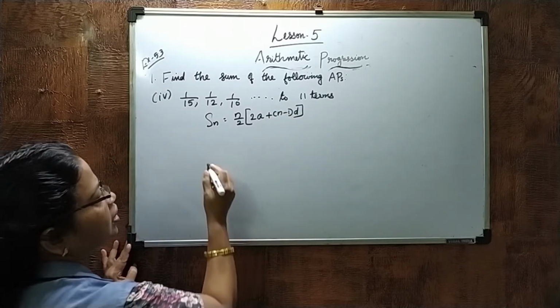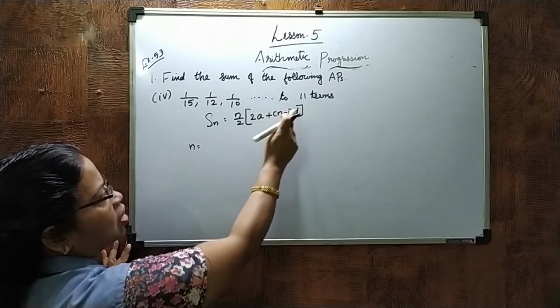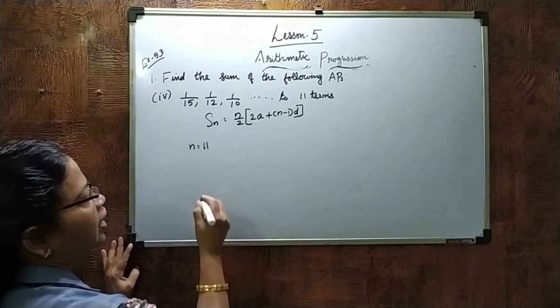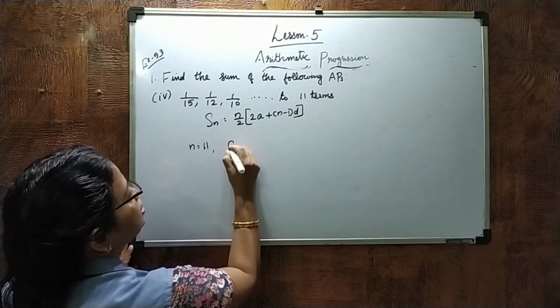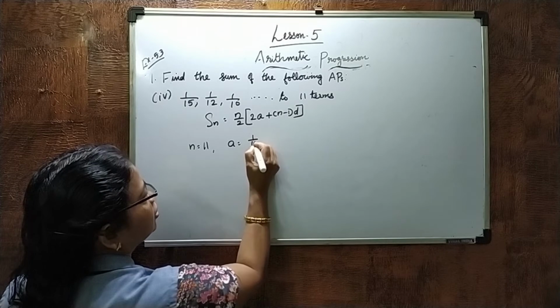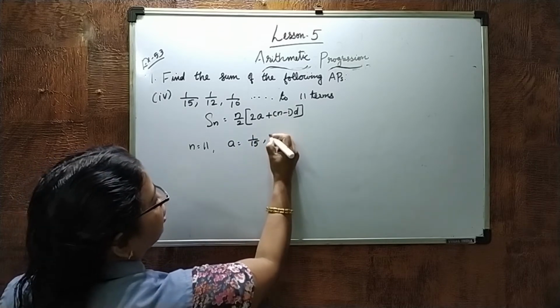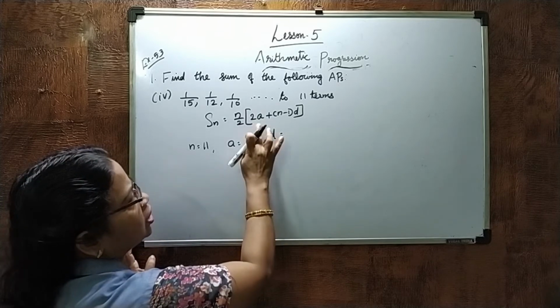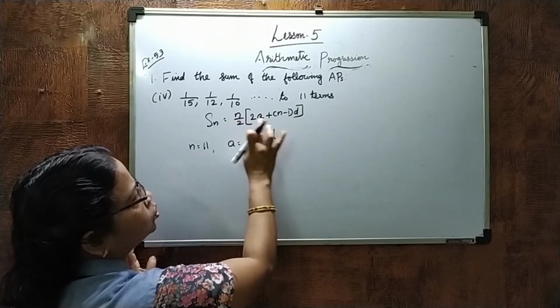Okay. Then what is n? It is the number of terms. 11 terms you have to find out. So n is equal to 11. Then a is equal to 1 by 15. Then d. Actually, how many things do you have to find out? 1, 2, 3.